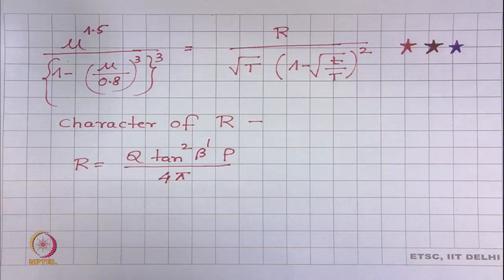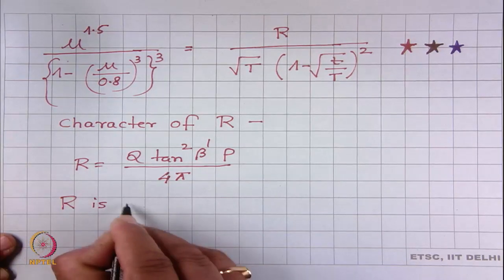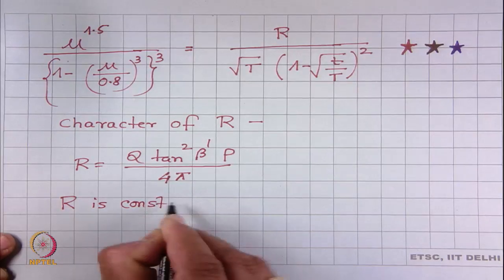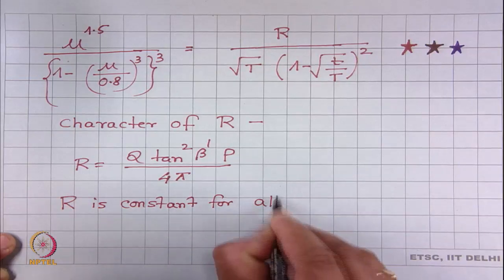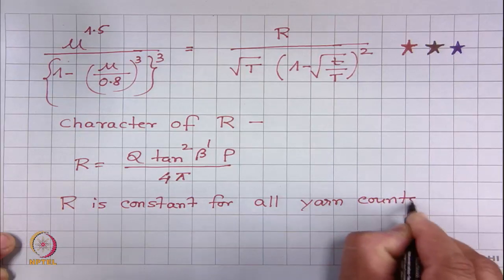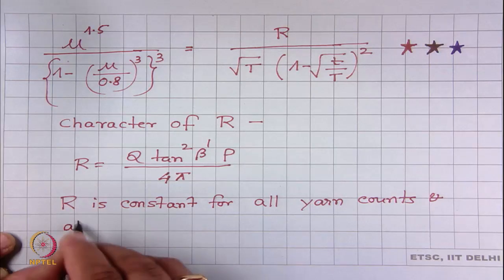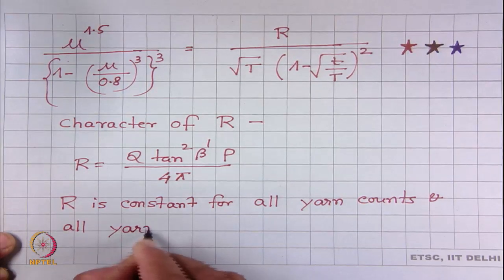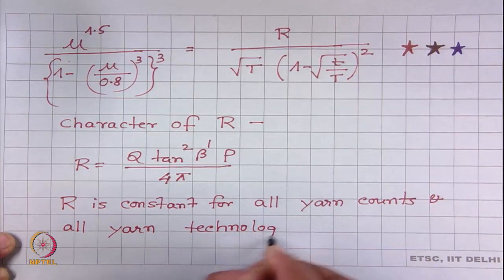Now, it is generally seen, our practical experiences say that R is typically constant for all yarn counts and all yarn technologies.